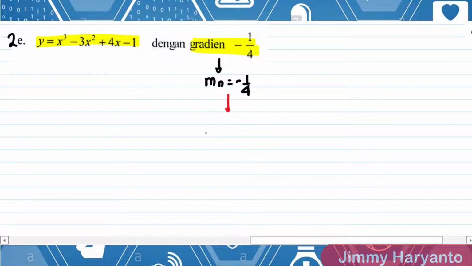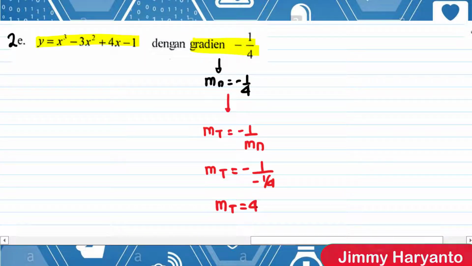Or of course, you can invert the formula. It will be the gradient of the tangent equals negative 1 over the gradient of the normal. It will be the same. So the gradient of the tangent is negative 1 over negative 1 over 4. So you will have a gradient of the tangent equals 4.